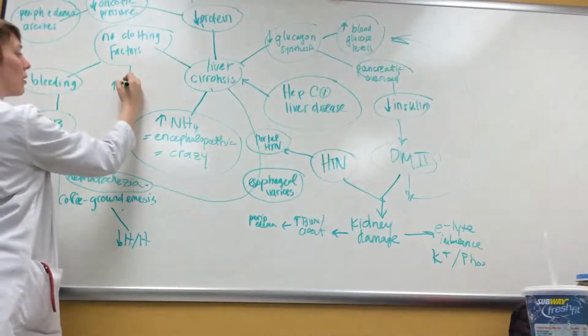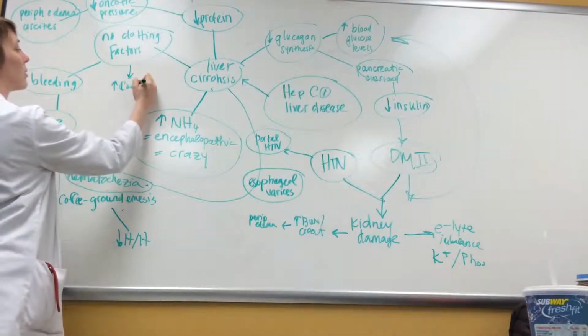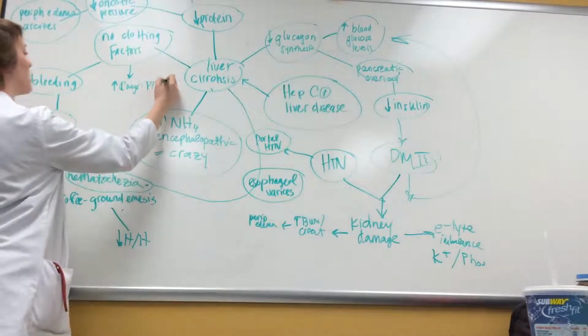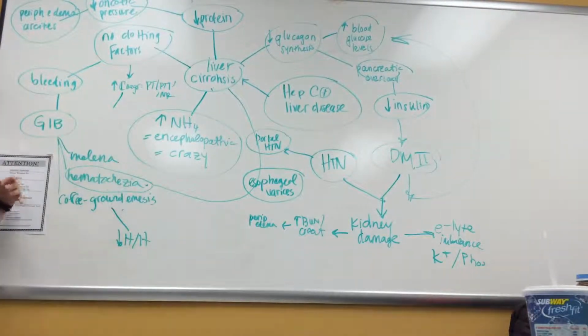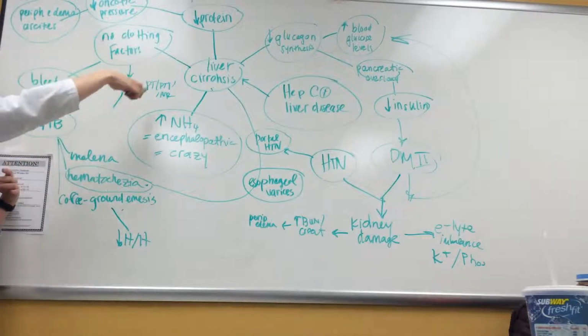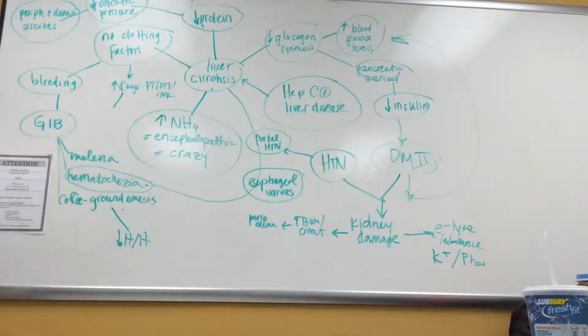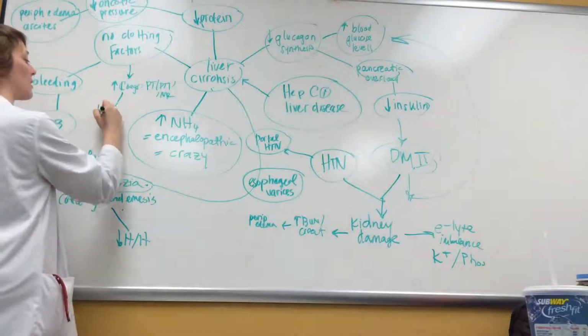Elevated coags, which is PT, PTT, INR. And then what else? How does the liver affect the coags? It's not heparin. It's not killing clotting factors itself. What other thing gets generated and produced in the liver? It's a component of blood. It's not red blood cells. Platelets.